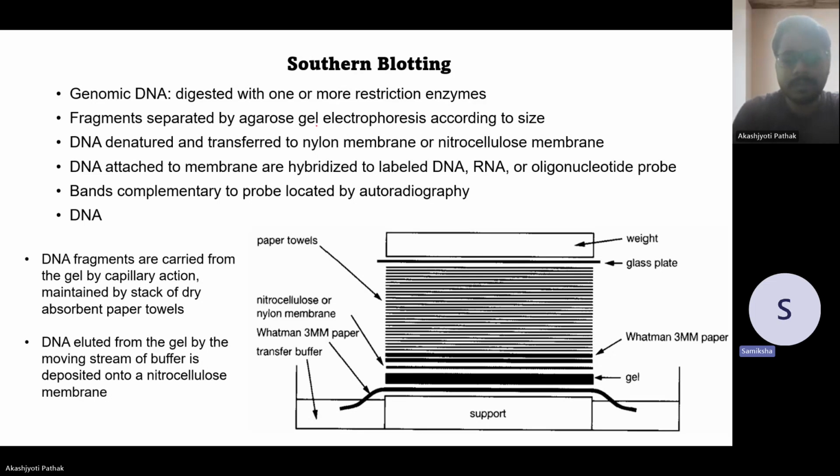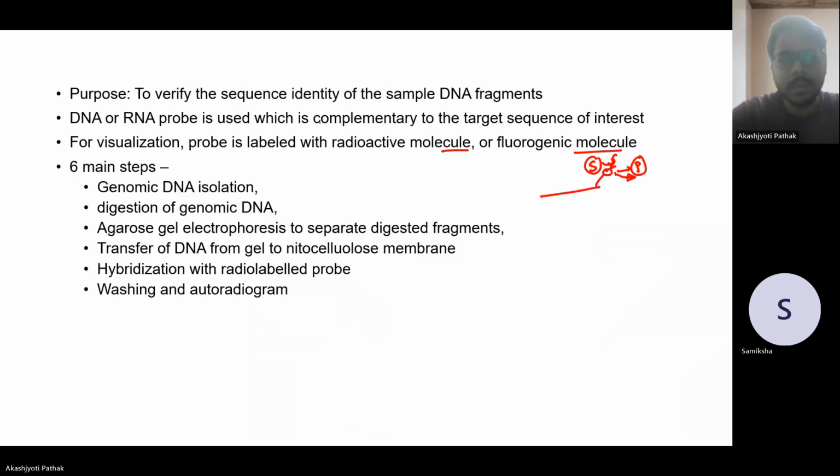Sir, what is the composition of nitrocellulose membrane? So nitrocellulose membrane is actually a polymer of cellulose and nitro. What is the exact composition? I also have not checked. Nitrocellulose means it will be a polymer of those. What is the composition so that it can interact with DNA?